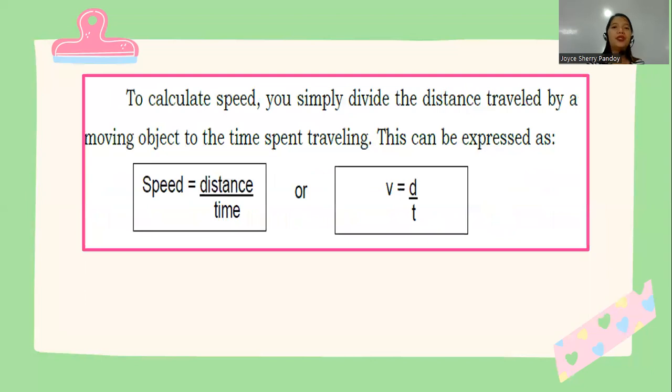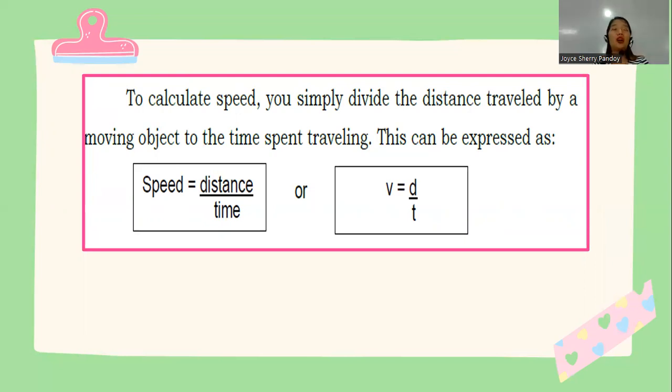Now, to calculate the speed, you simply divide the distance traveled by a moving object by the time spent traveling. So kung gusto ta makabalo, pareha gani balikan na tutong selection ni Jahara and ni Jewel. Unsa ang kakusgon sa paglakaw ni Jahara?